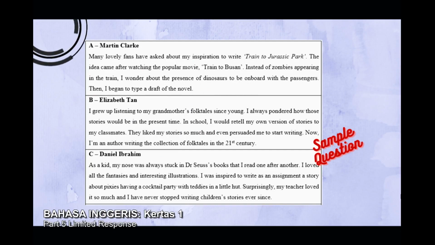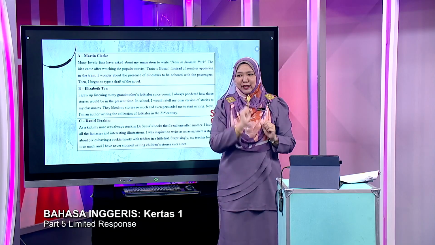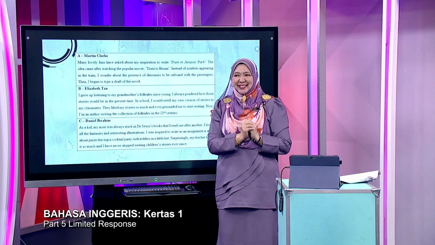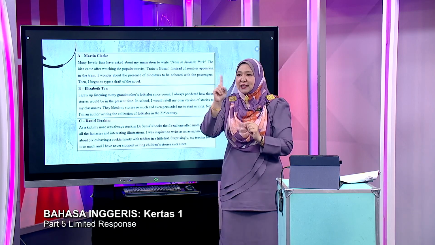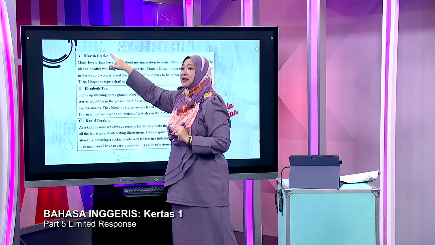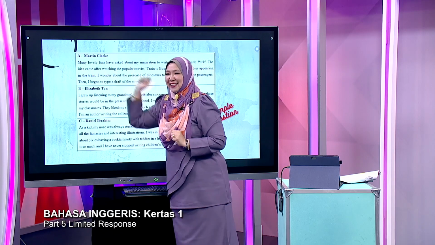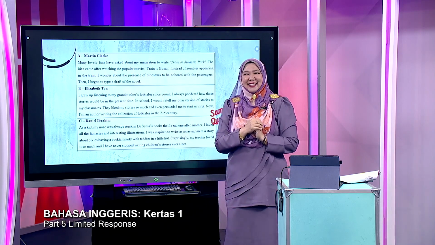So if the instructions say which paragraph, don't ever write down A Martin Clark. Just write A. If the instruction is which person, then you write Martin Clark. Don't write A. So it's very important for us to really read through the instructions properly. That is for the first part.